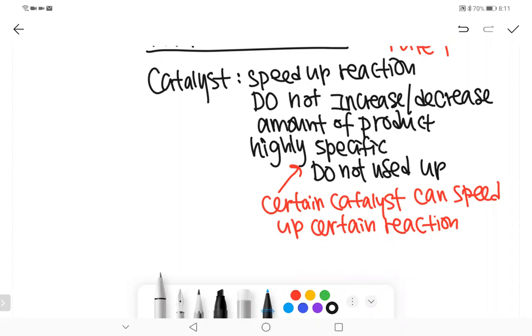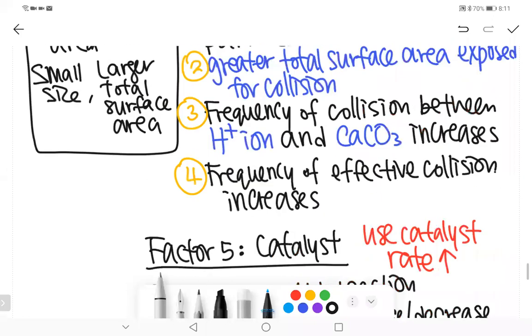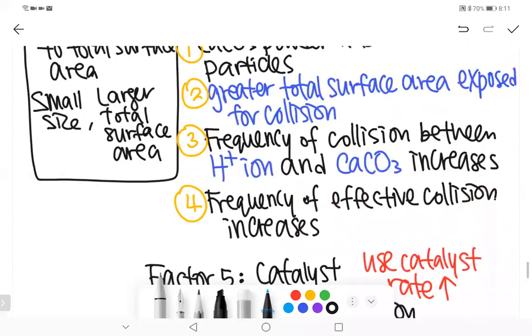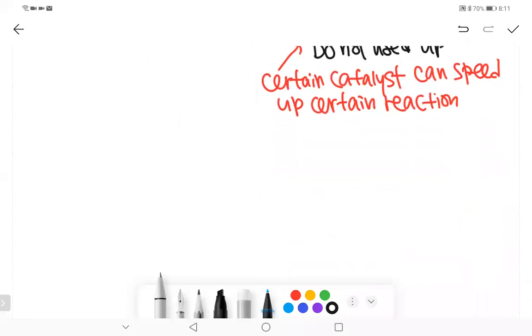If you start with 10 kilograms of catalyst, after the reaction you will still have 10 kilograms. That's it.